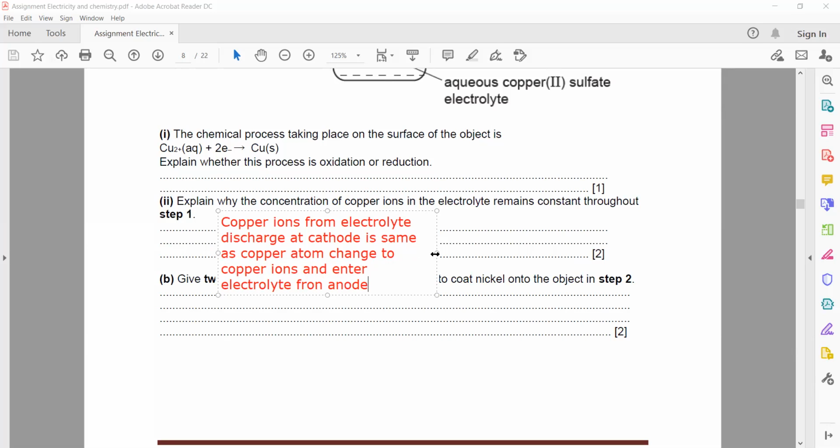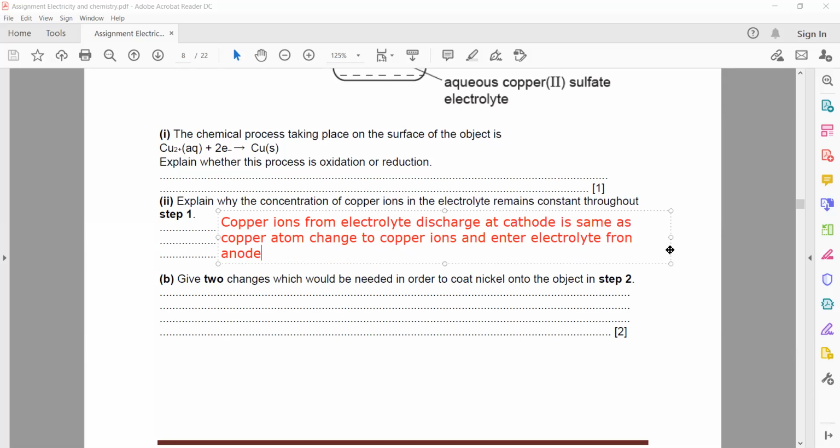So 1 mark is for mentioning the change at the cathode and 1 mark is for mentioning the change at the anode.